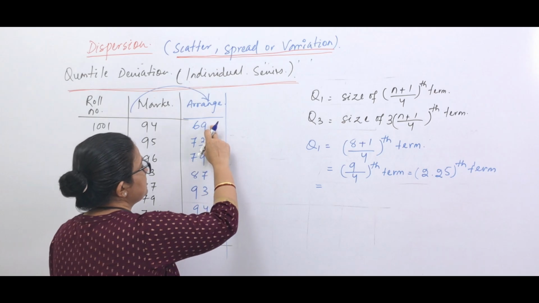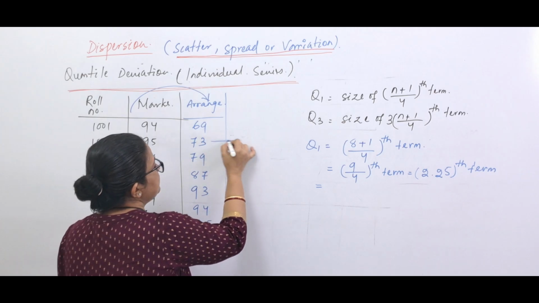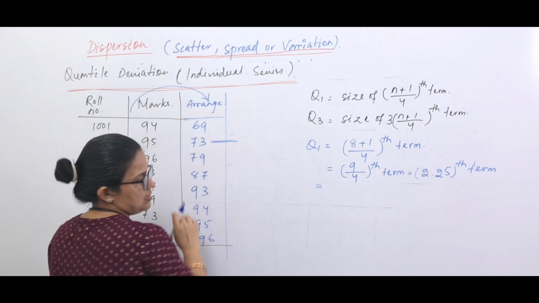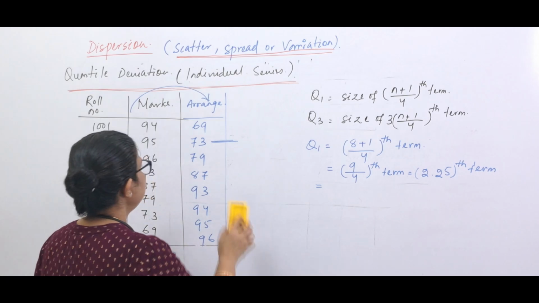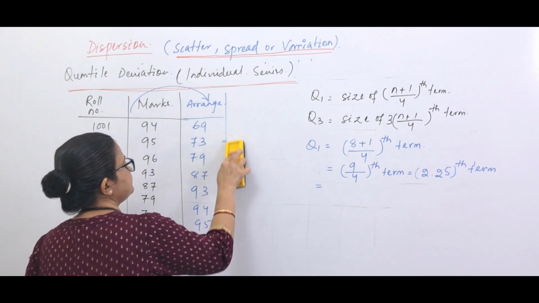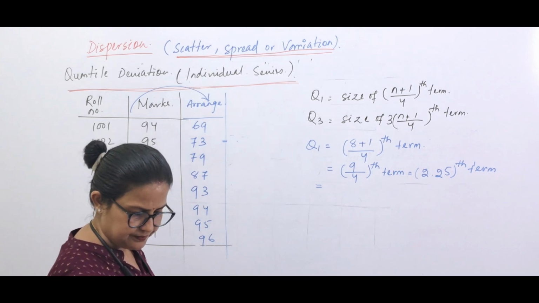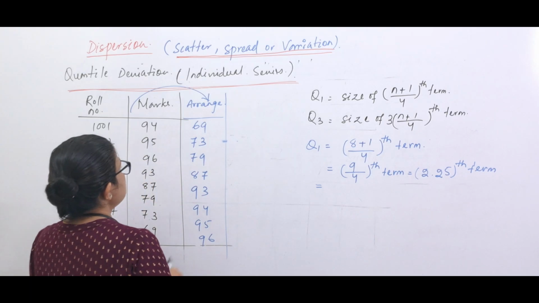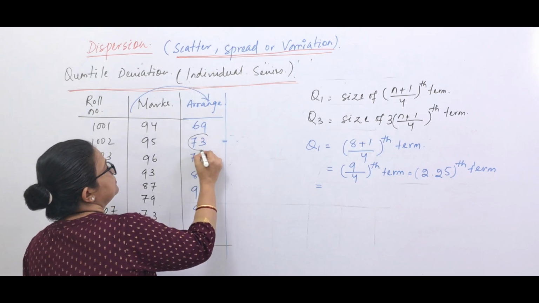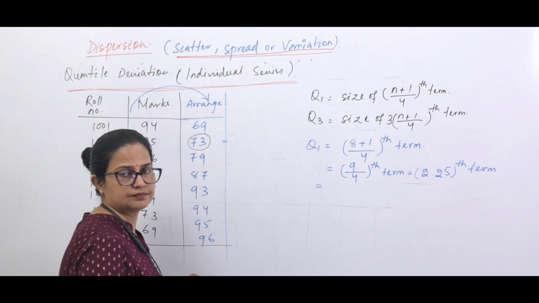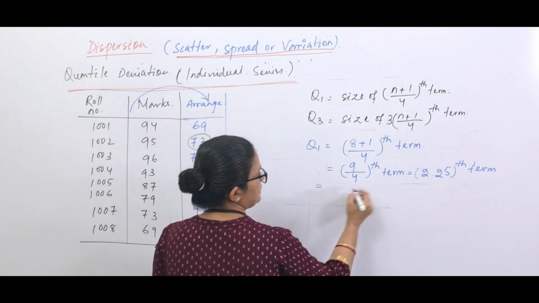So what is our second term? Our second term is 75. You see here, our second term is 75. So let us write our second term.